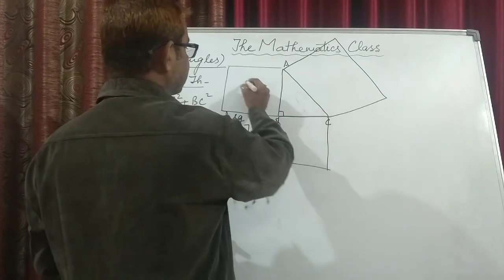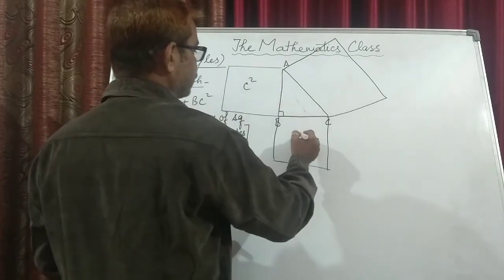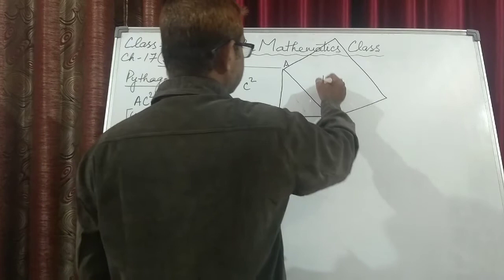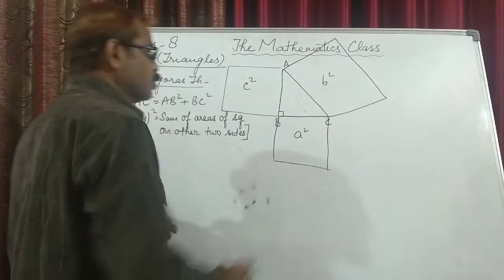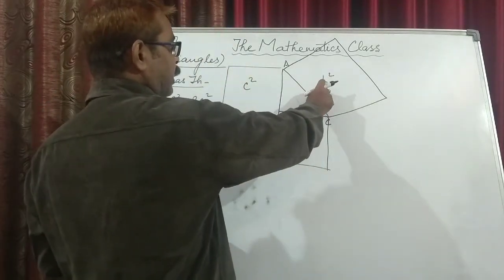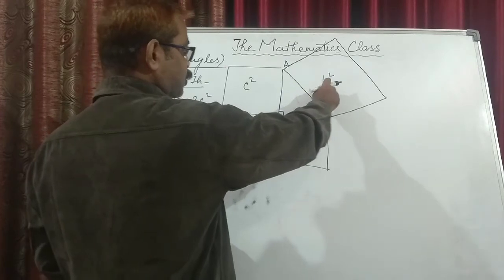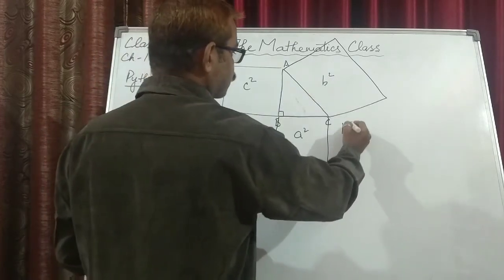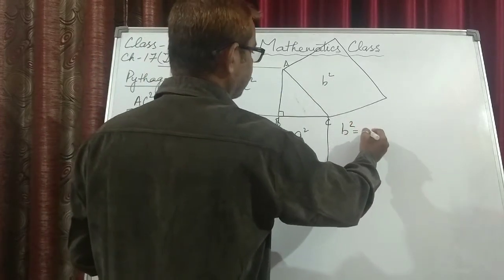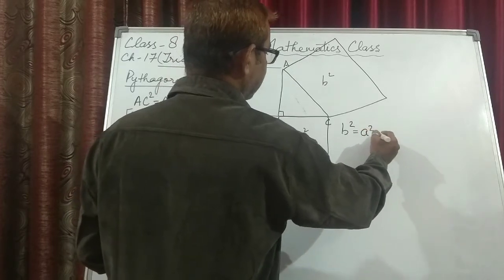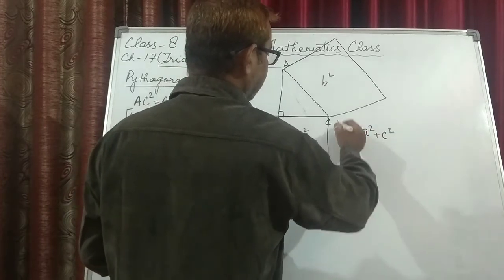Let us say this is C square, this is A square, and this is B square. So whatever the value of this square is, B square will be A square plus C square.